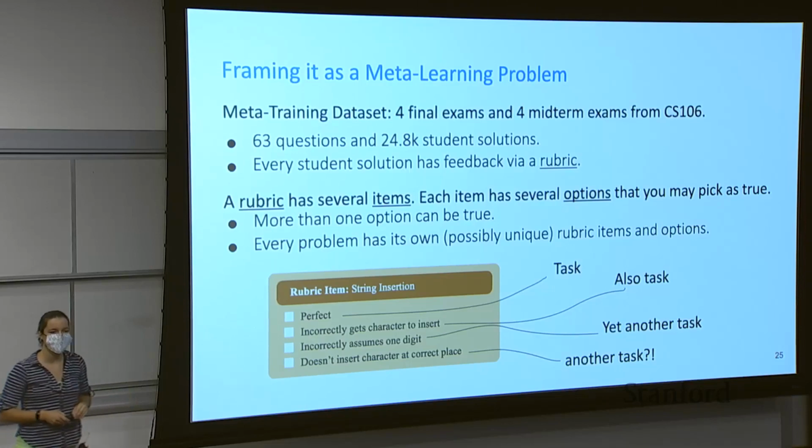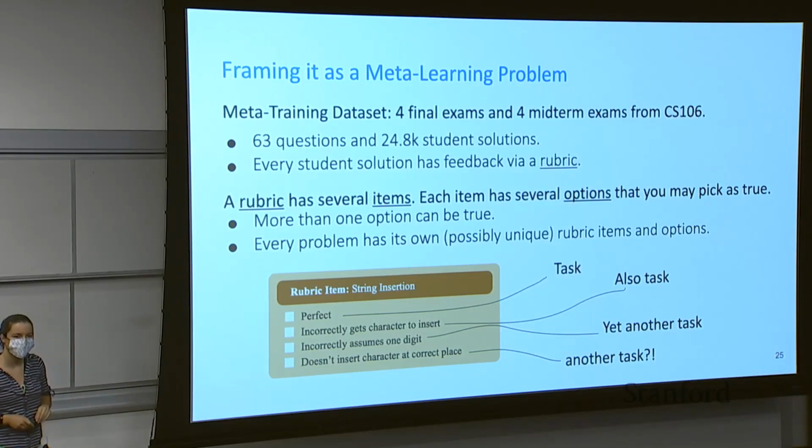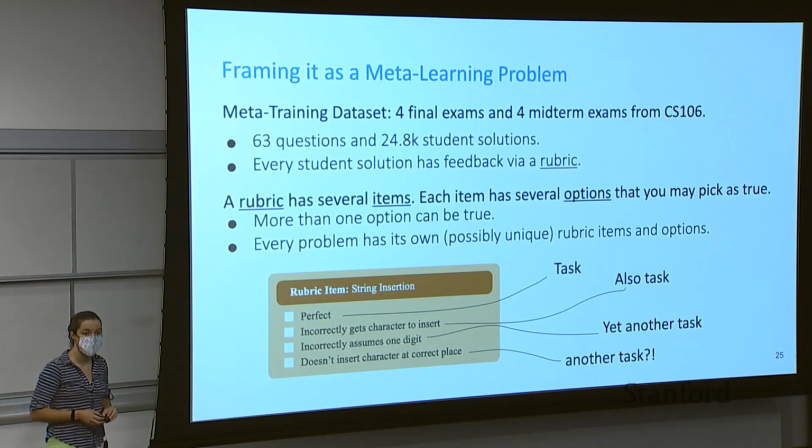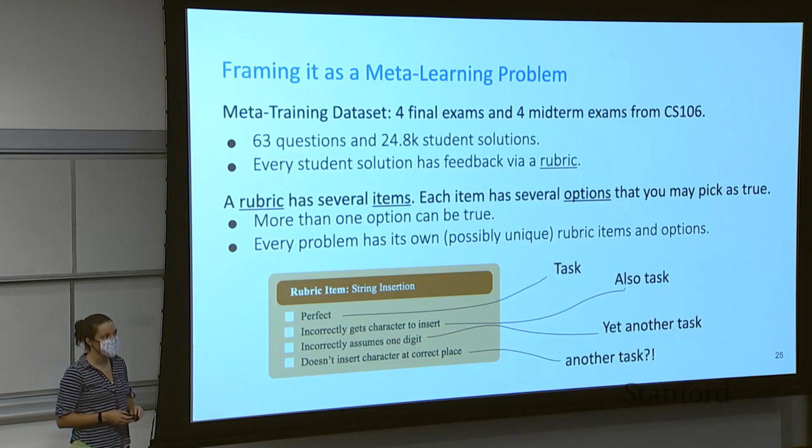Yeah. Doesn't it kind of mess around with the distribution assumptions, because usually we assume that we sample tasks IID, but here when we sample, for example, one rubric item under the string insertion rubric, then it's likely that the other tasks would also be sampled.